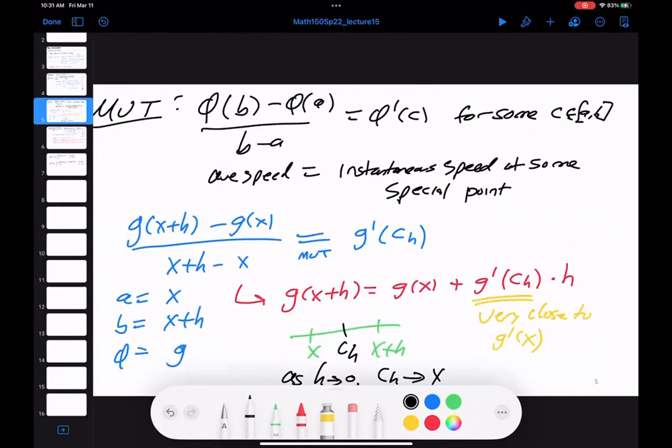When I write g of x plus h, it's g of x plus g prime times h, not just g of x plus h. H has to be magnified to take into account that as I change x to x plus h, g of x doesn't go to just h more than g of x. The amount it goes is dependent on the instantaneous speed at x, and that's really g prime of x times h. It just happens to be exact when I use this point c sub h, which is almost the point x.